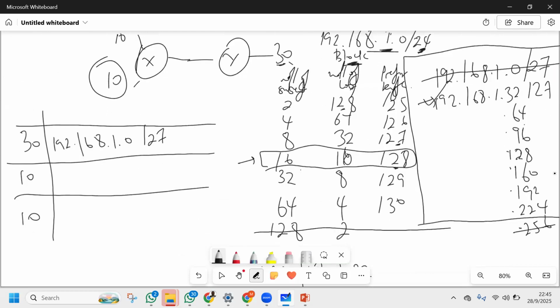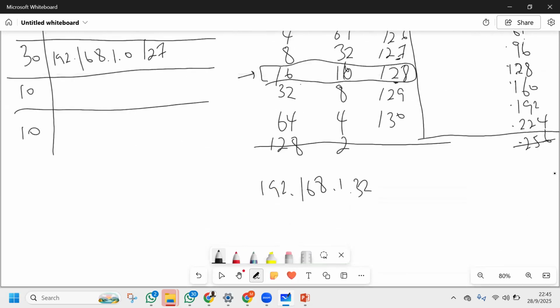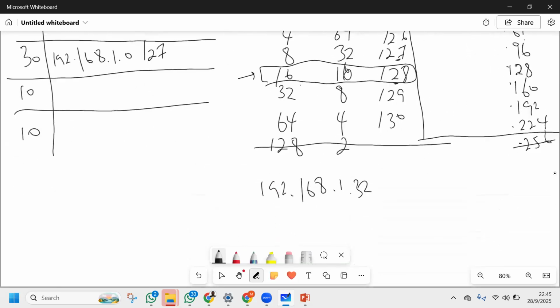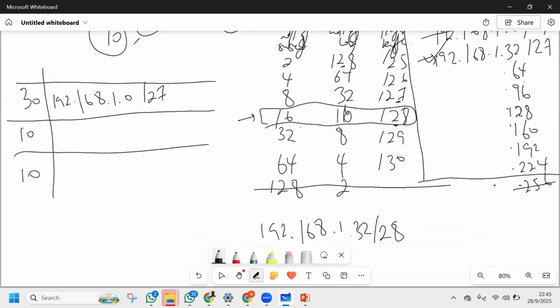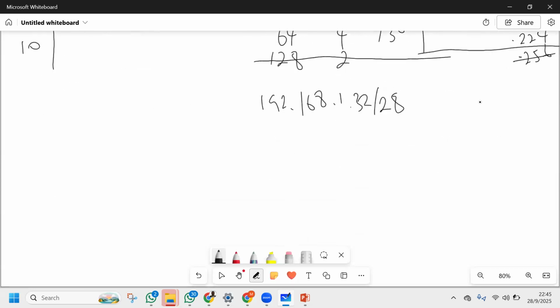I add 16 addresses, and instead of /27, I get a /28. Then I start adding this block size to get more networks. So if I add 16, this is 48. If I add 16, 64. If I add 16, this should be 80. You continue adding 16 until you get all your networks.